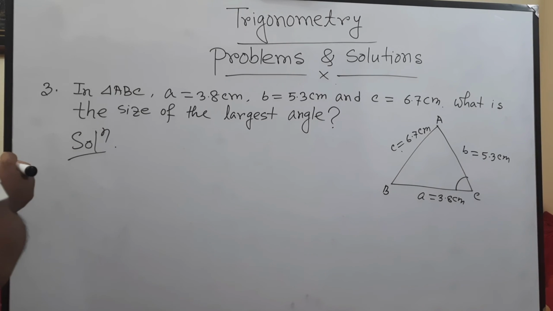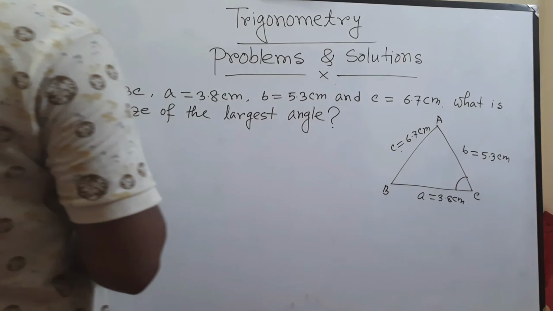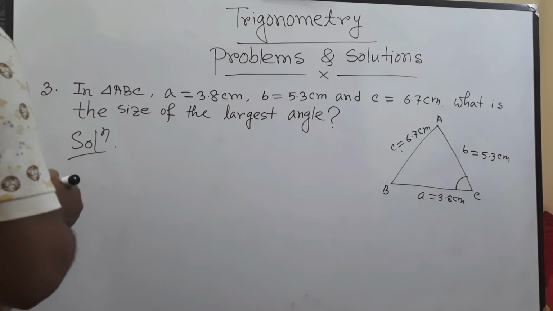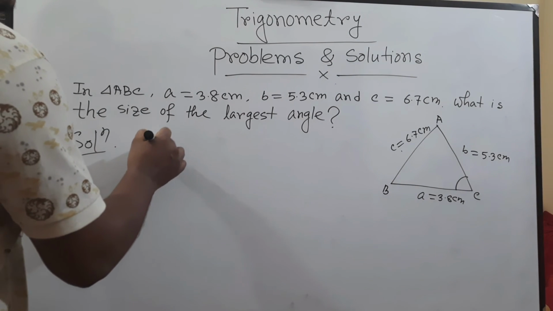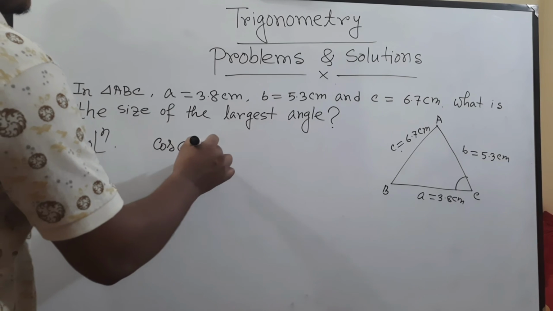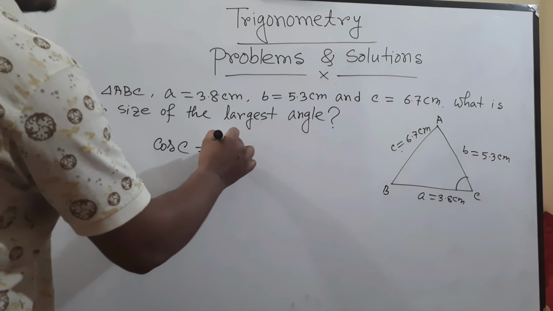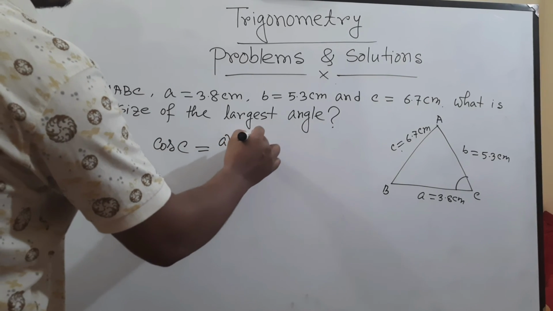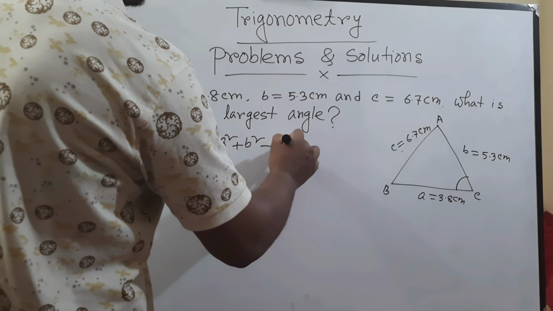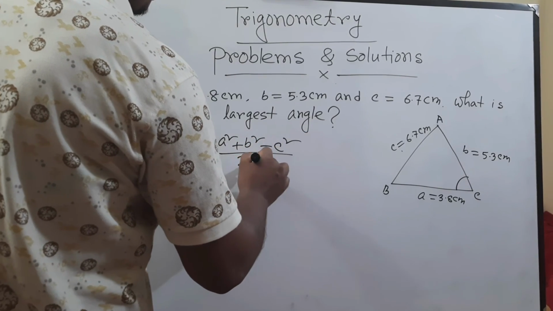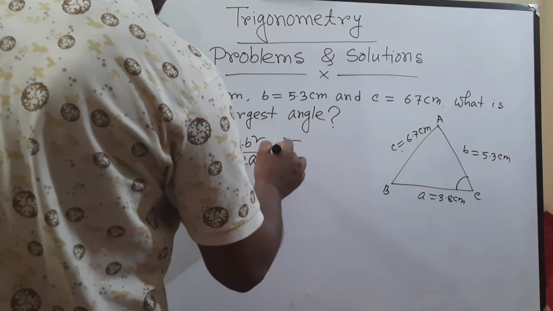So we can do it quite easily because we already know the formula of cosine. So for finding the angle C, you can write cos C equal a square plus b square minus c square over 2ab.